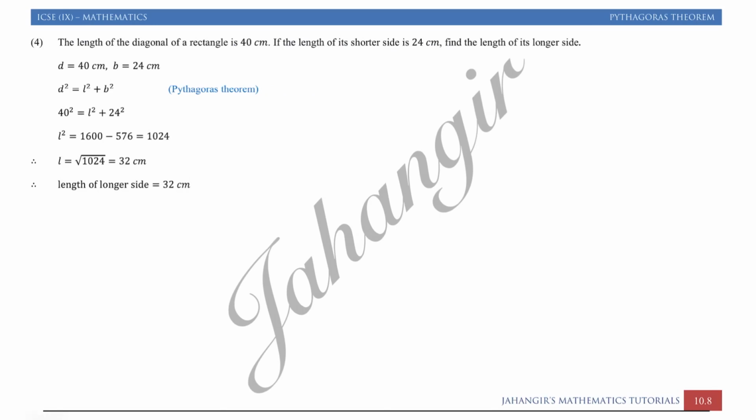Next question is again of same type. Here diagonal is given and length is given. We have to find the length of the shorter side, that means breadth is given, and we have to find length of the longer side.